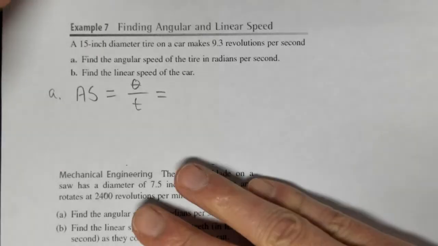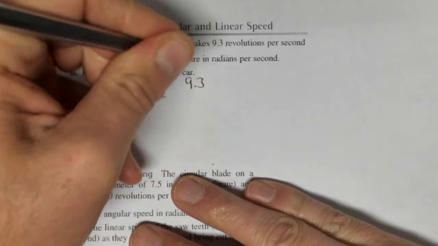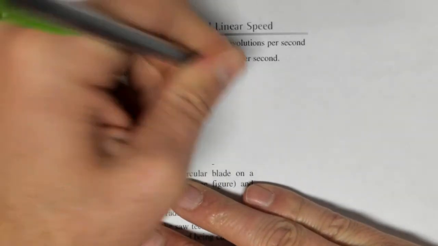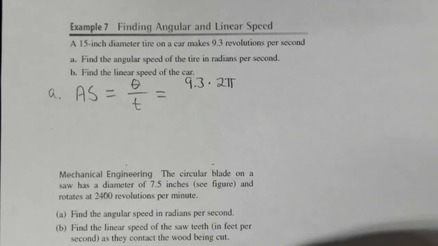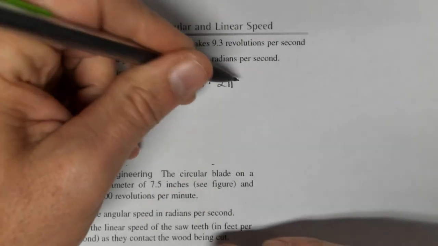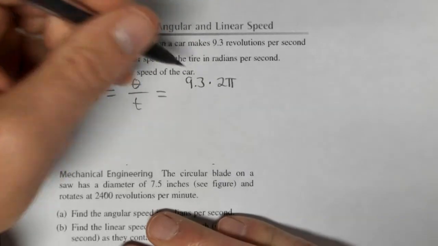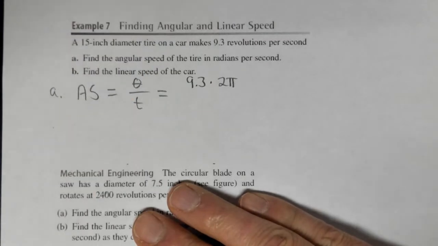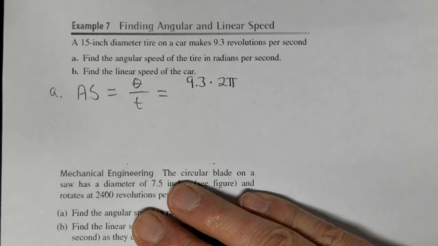To figure that out, my angle is going to be 9.3 times 2 pi, because remember, all the way around the circle, one revolution is 2 pi. So 9.3 times 2 pi would be the angle in radians for 9.3 revolutions, because one full turn around is 2 pi.